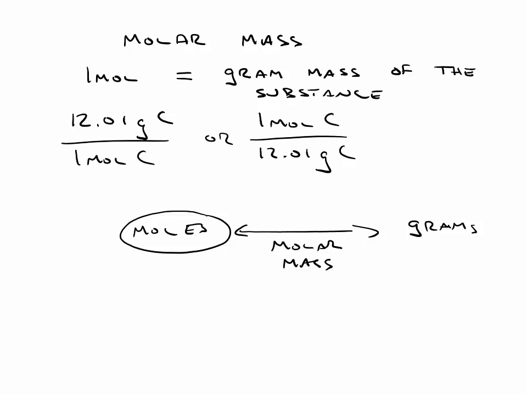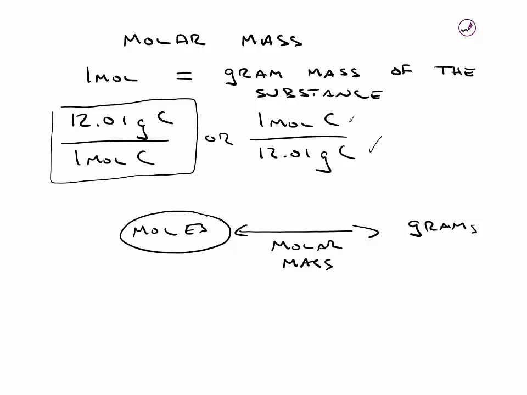So carbon weighs 12.01 grams for every mole of carbon atoms that you have. And this is a ratio so that I can generate now two conversion factors. The molar mass as we typically write it, grams over moles, or I can flip it so that the moles are now in the numerator and the grams of the carbon in the denominator.